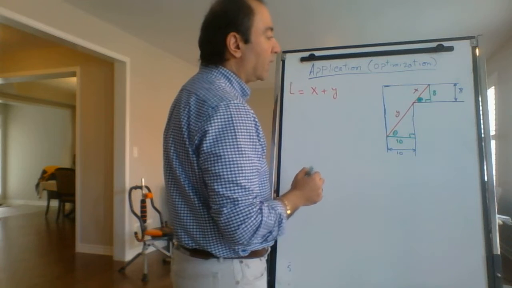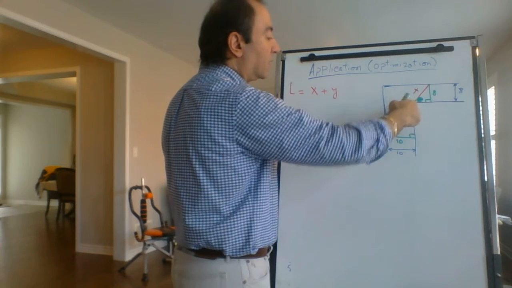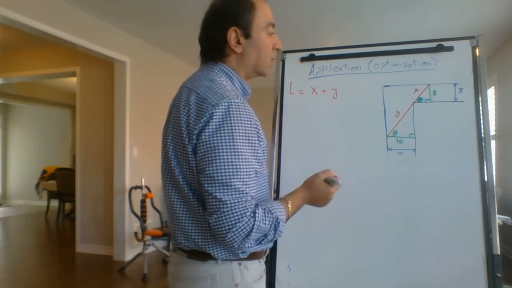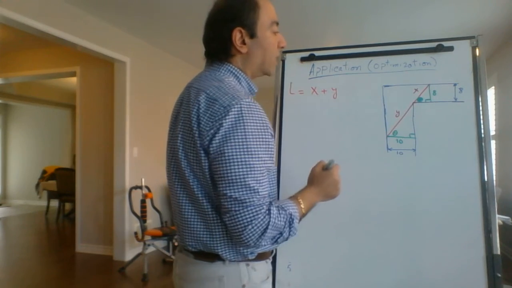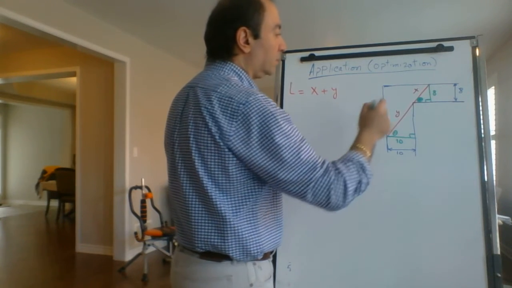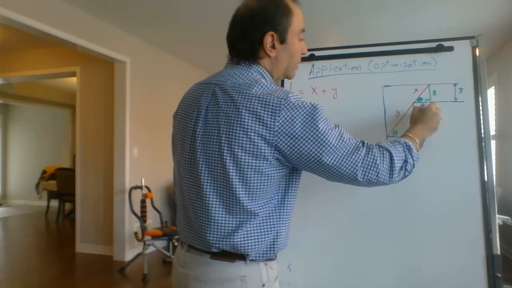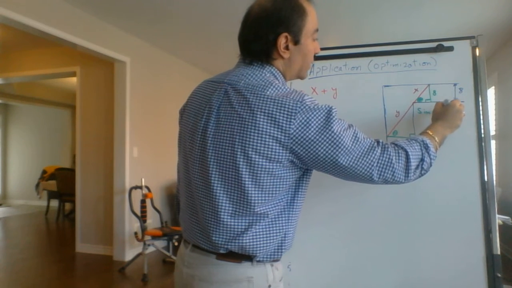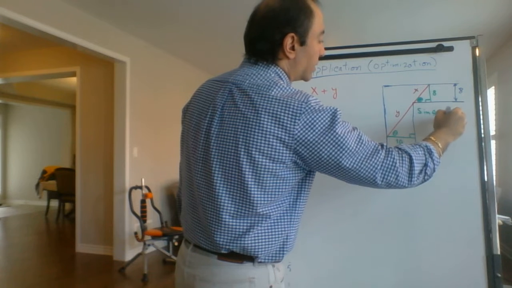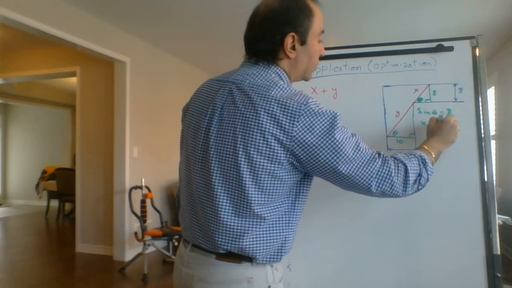So now I can write X in terms of theta and Y in terms of theta. How? This is a right triangle, so I can use SOHCAHTOA. So I can say that sine theta equals 8 over X. That means X equals 8 over sine theta.